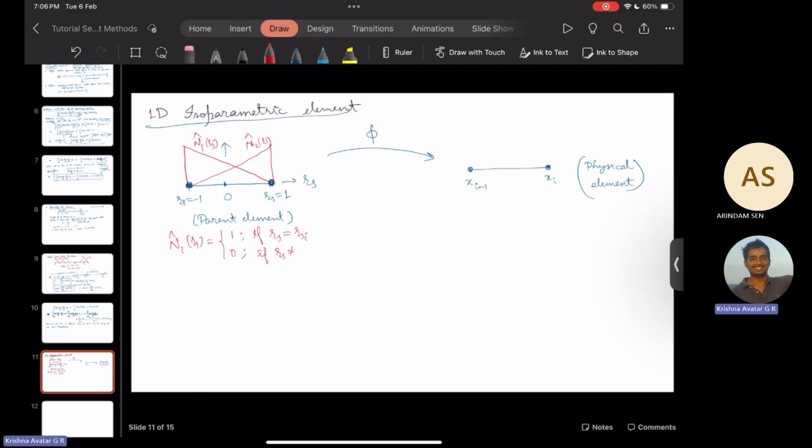Please do not get it mistaken here. We are only looking at the nodal points.